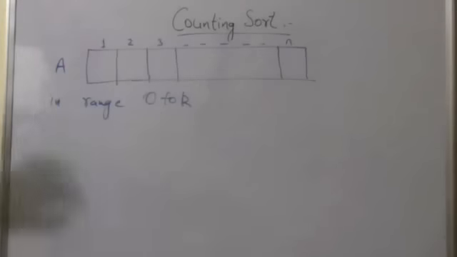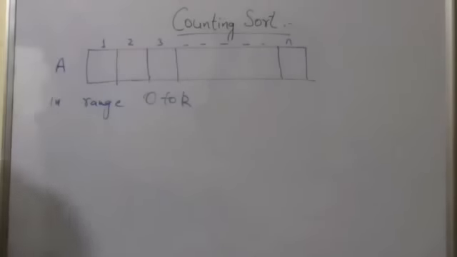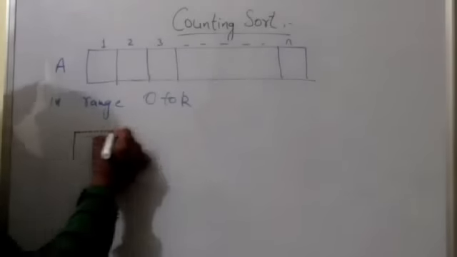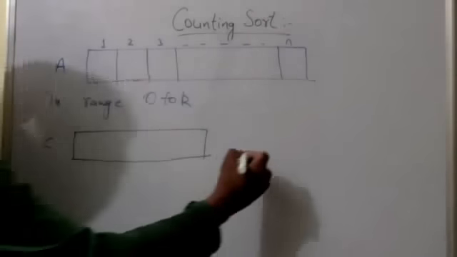Now we have to arrange the elements of this array A in increasing order by the counting sort algorithm. For this we will need two arrays, array C and array B.